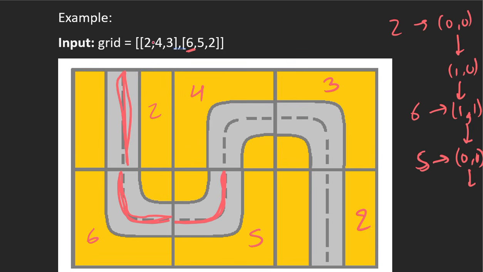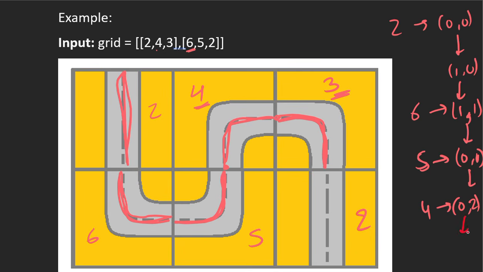Now at this point we have 4. 4 will connect the bottom cell to the right cell. So from 0 comma 1 we can go to 0 comma 2, and at 0 comma 2 we have 3, which connects the left cell to the bottom cell.